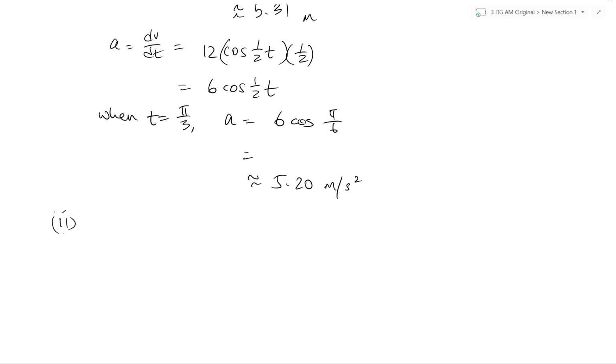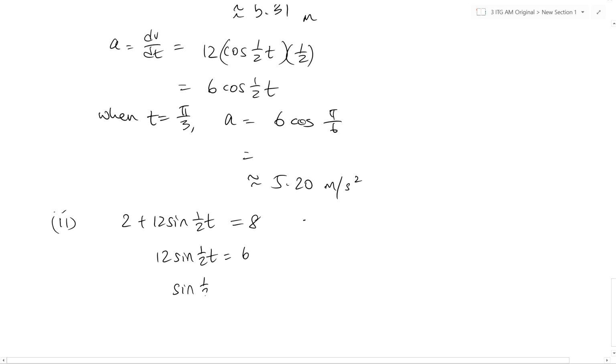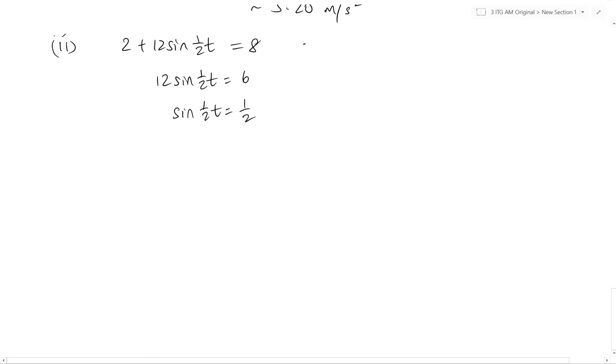Using the original equation supplied to us, 2 plus 12 sine half t is 8. Solving a trigo equation covered in Sec 3, 12 sine of half t is equal to 6. Sine half t is half. This is a positive value. We will know that it belongs in quadrant 1 and quadrant 2.